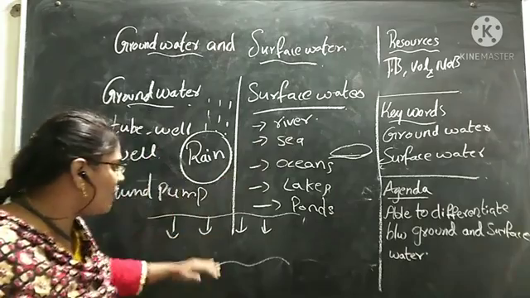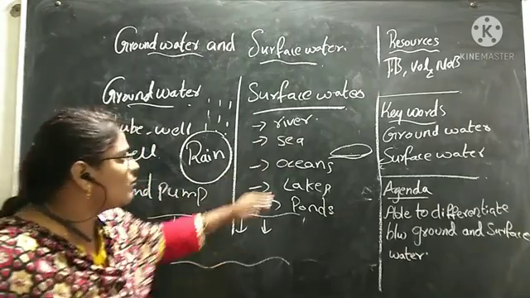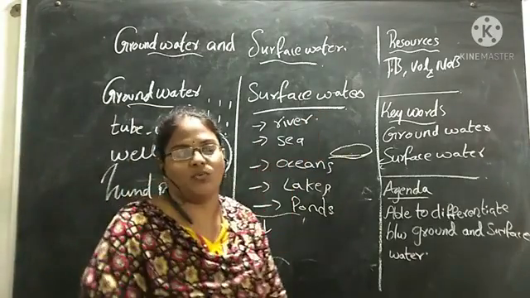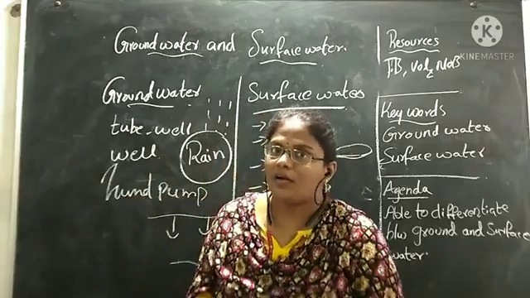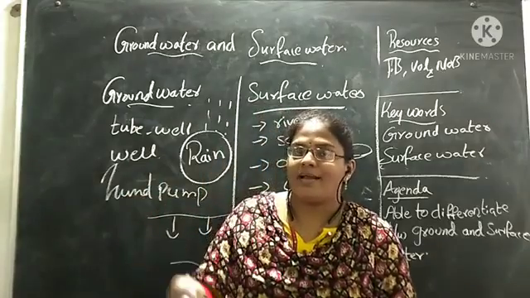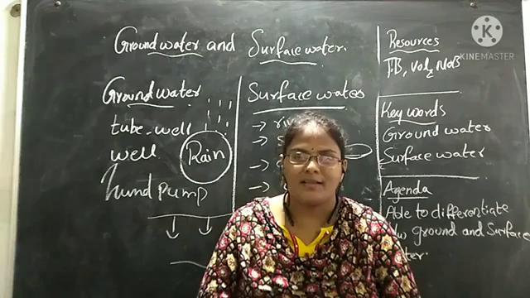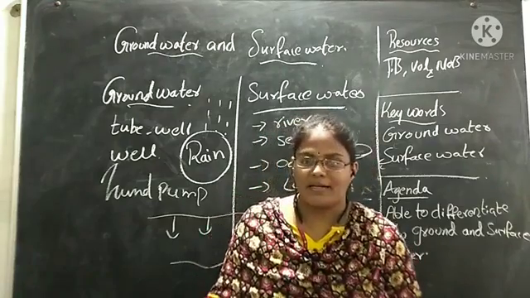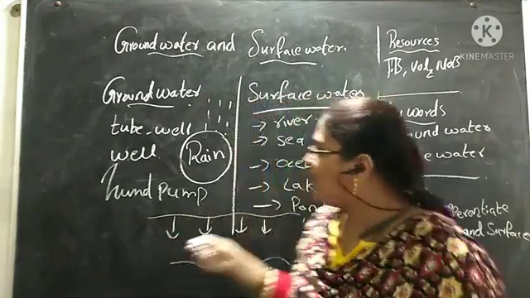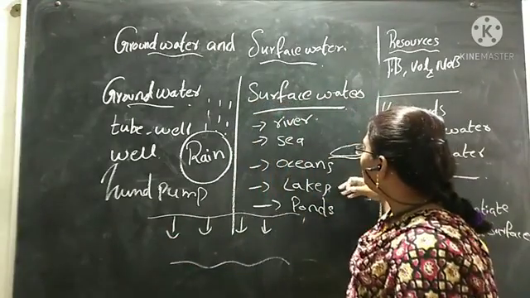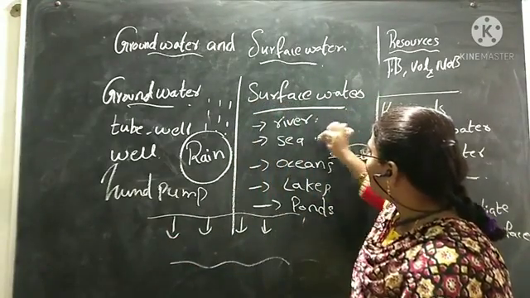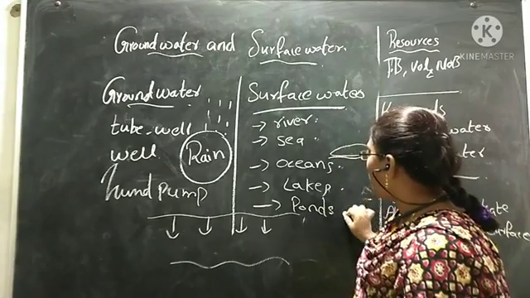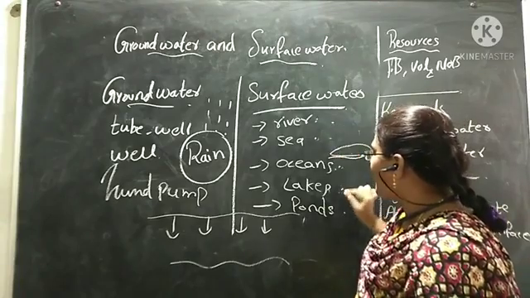Under the ground, we call it groundwater. On the surface we call it surface water. Underground, groundwater. Surface of the land, surface water. What are the common sources of surface water? All this water can be seen with our eyes: river, sea, ocean, lake and ponds.